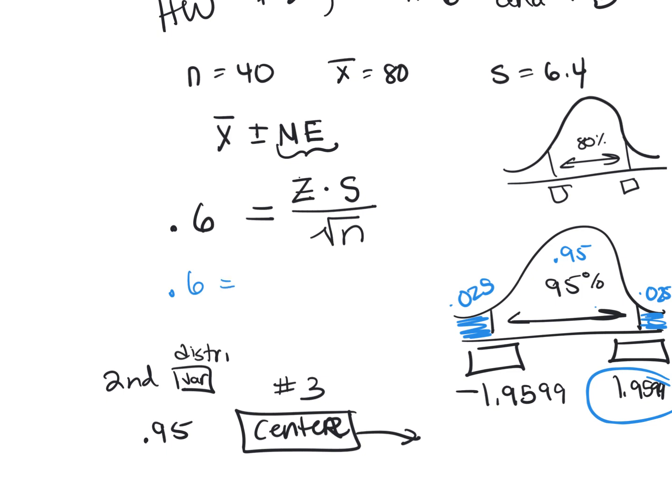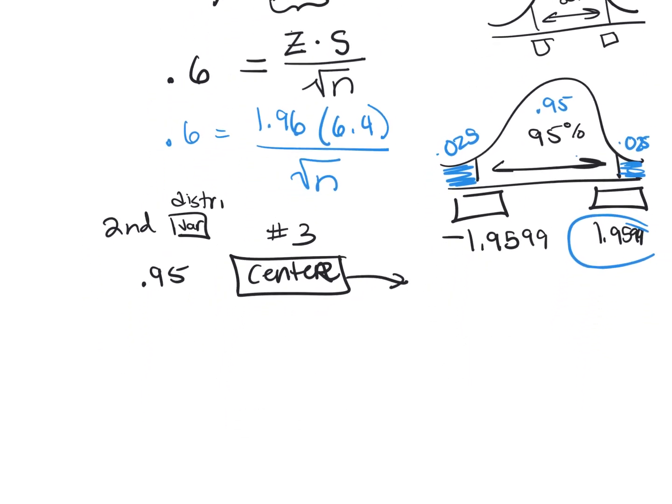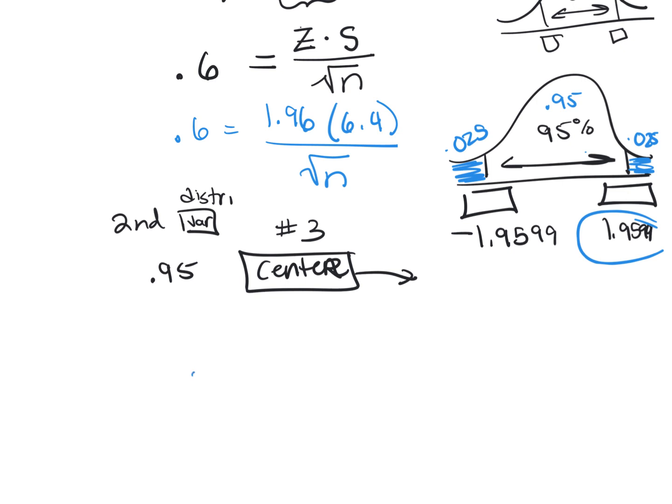0.6 equals 1.96 times our standard deviation, 6.4, divided by the square root of n, because we're looking for our sample size, right? We're looking for how big a sample size do I need. So I'm going to solve this for n using basic algebra 1 skills. Multiply both sides by the square root of n. Go ahead and multiply my 1.96 times 6.4, and I get 12.544 divided by 0.6.